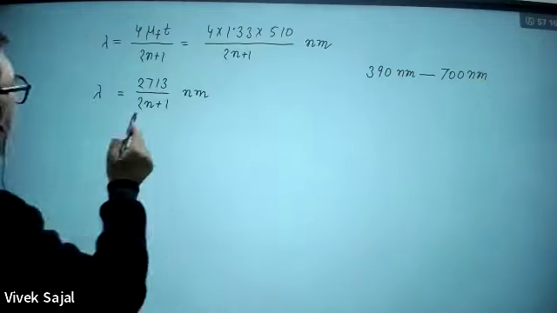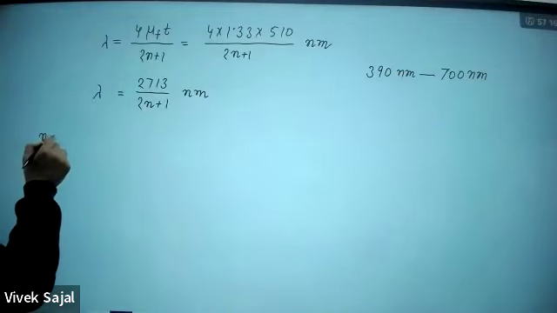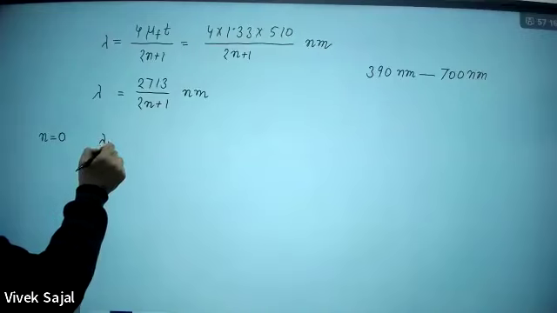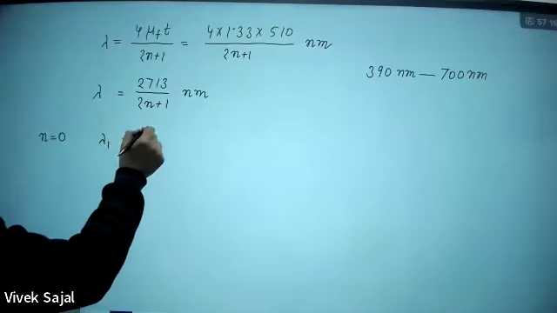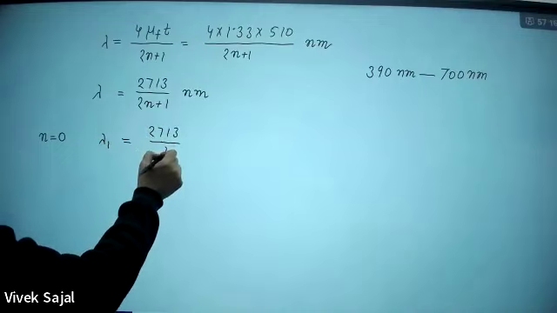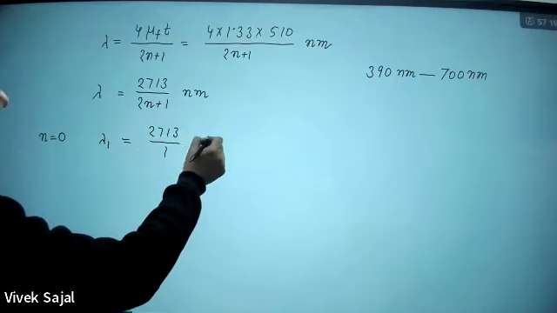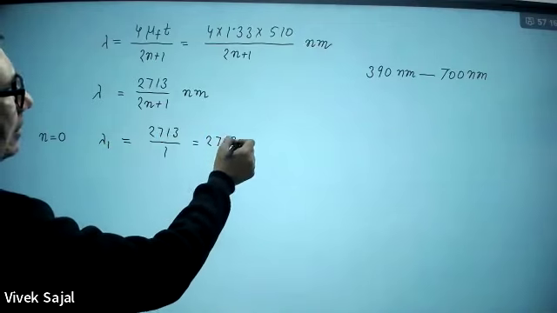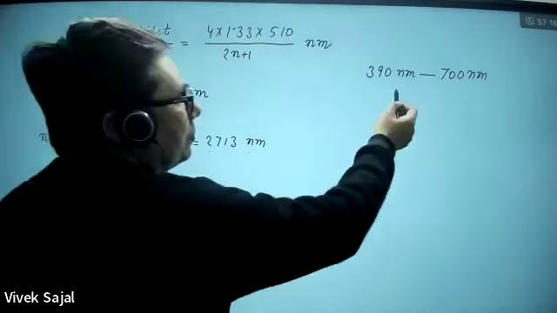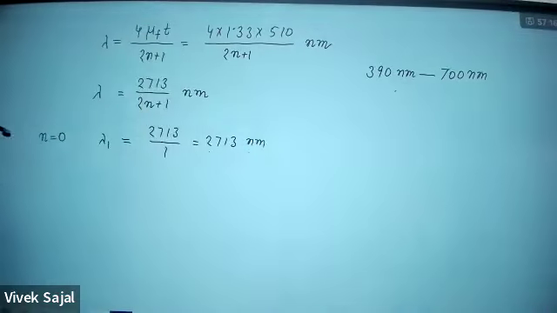So for this, first I will write n equal to 0. So this will be lambda 1. It will be 2713 divided by 1, so this will be 2713 nanometer. This is not my answer because this wavelength is outside this range.